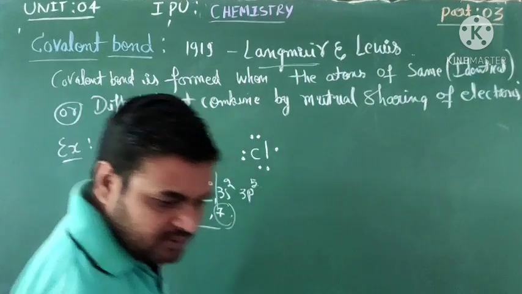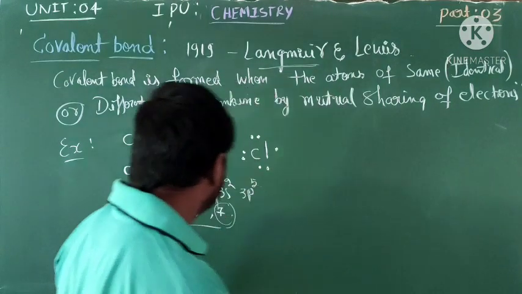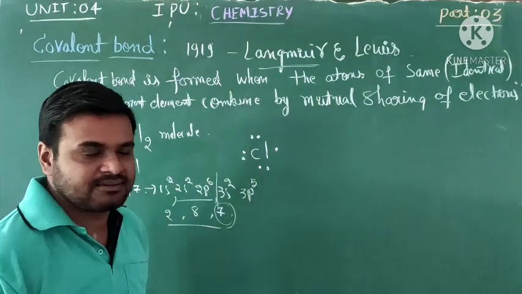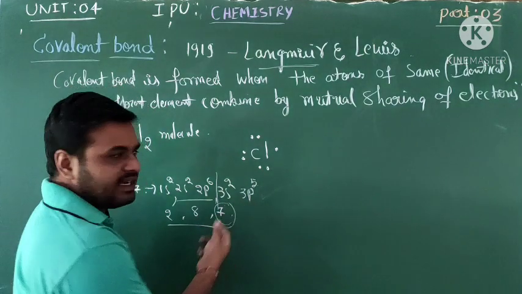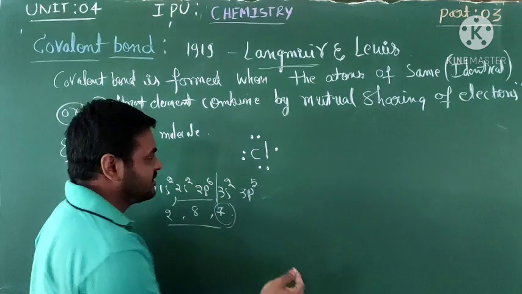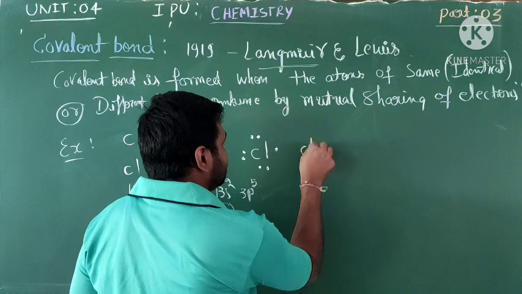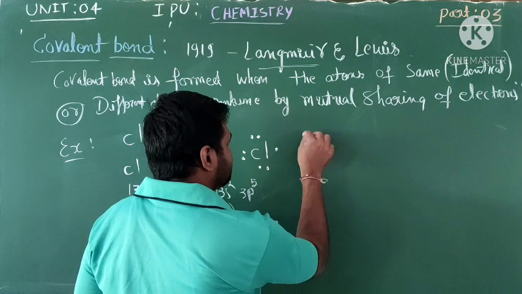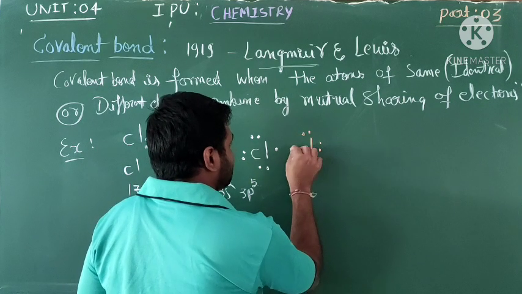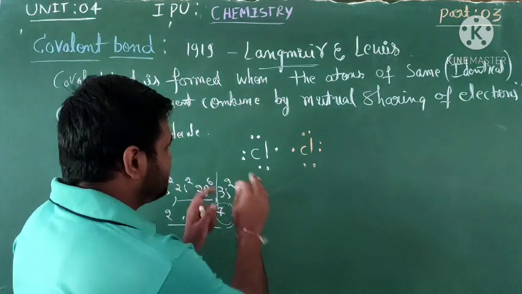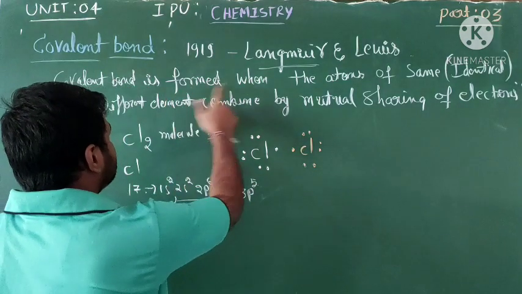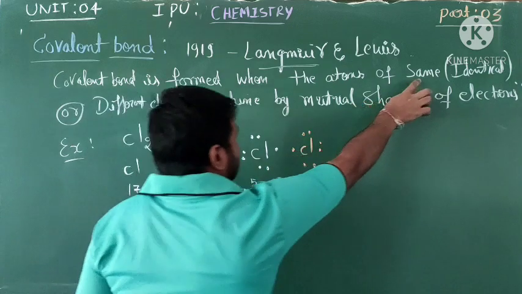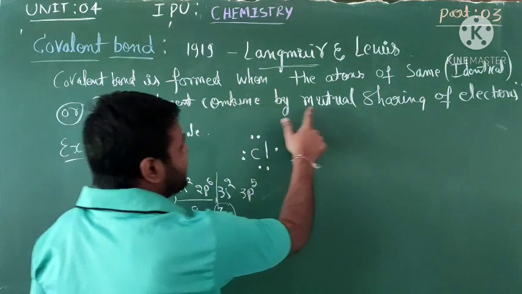Then take another chlorine. The chlorine also has 7 electrons. So here Cl: 1, 2, 3, 4, 5, 6 and 7. Okay. So see here, what does the definition say? Same or different elements combine by mutual sharing.